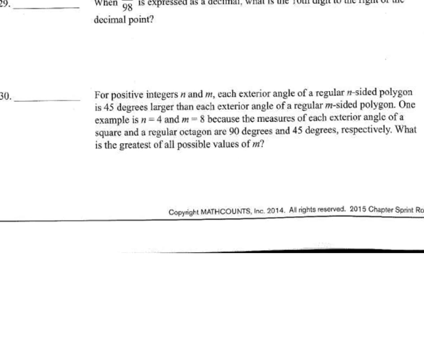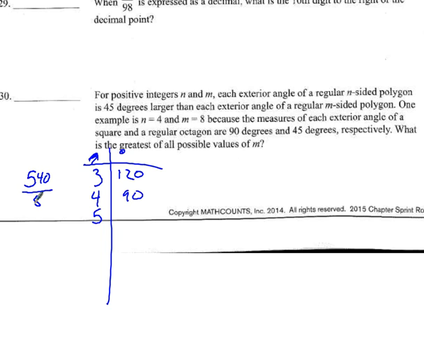So if I have a triangle, so that would give me the degrees, right? So be 60, so 180 minus 60 is 120. If we have a 4-sided figure, we have 90. A 5-sided figure, that's going to be 540 divided by 5, which is 108 per side length, right?